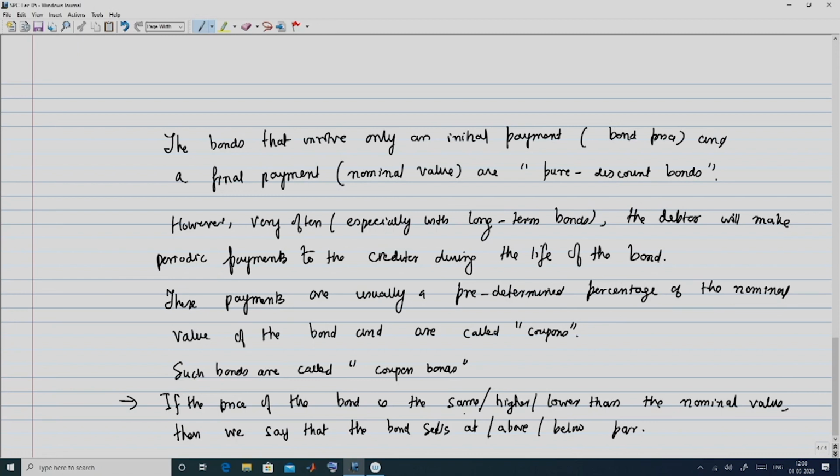So, if the price of the bond is the same as the nominal value, then we say that it sells at par. If it is higher than the nominal value, then we say it is trading above par, and if it is less than the nominal value, we say that the bond is trading below par.